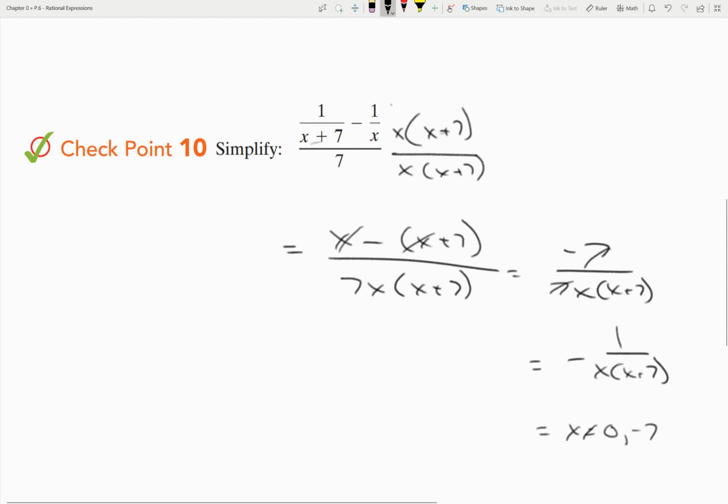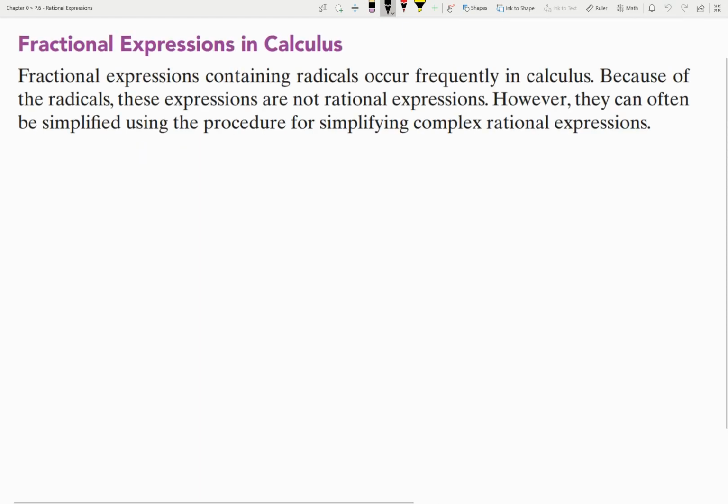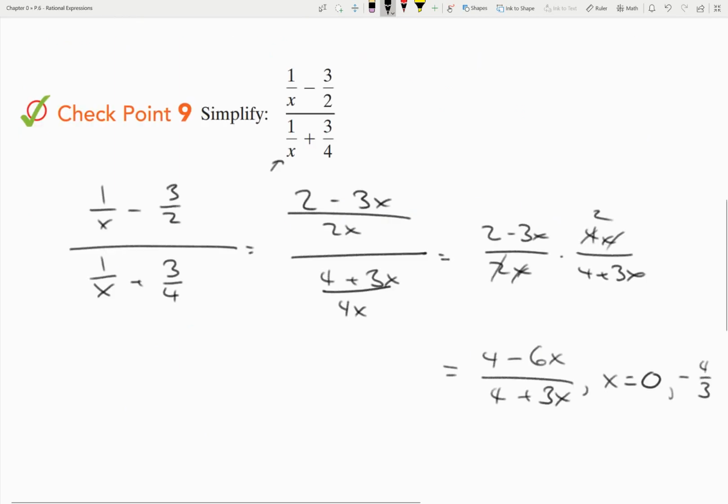Much simpler this way. Even going back to this expression, if I would just take the common denominator of everything, which would be 4x, if I multiply the numerator and the denominator by 4x, I would get a 4 because the x's cancel.